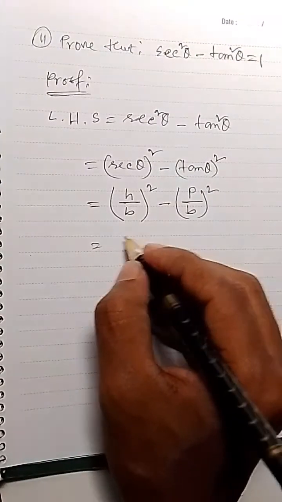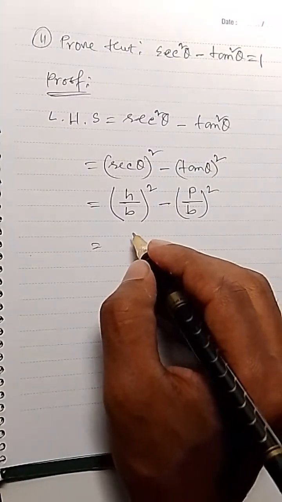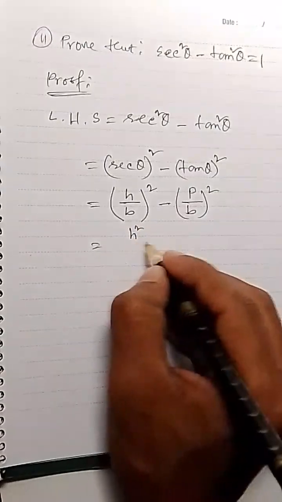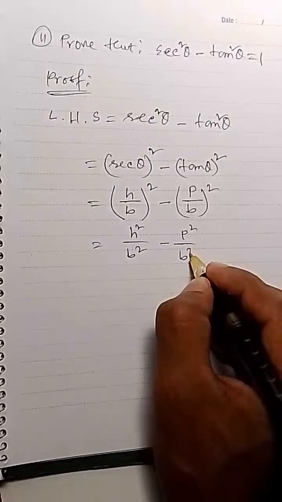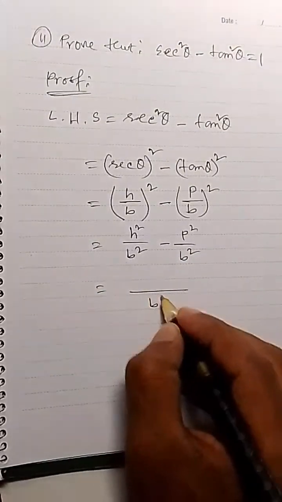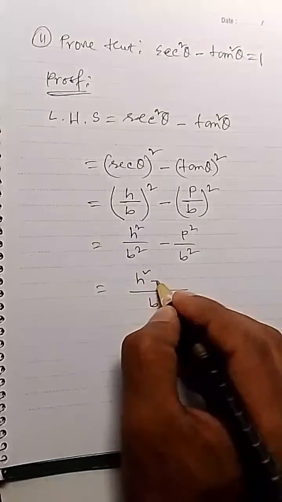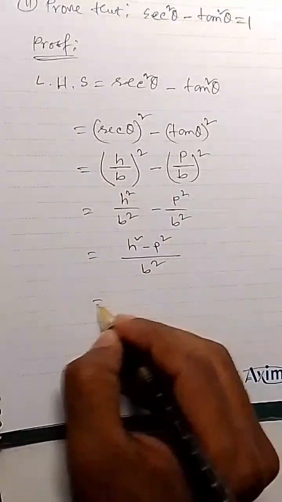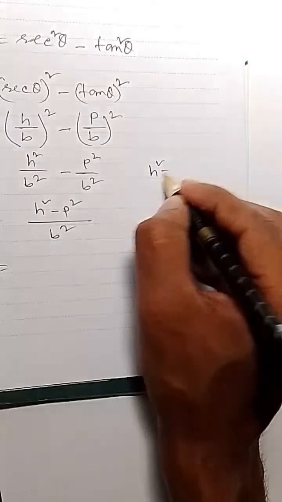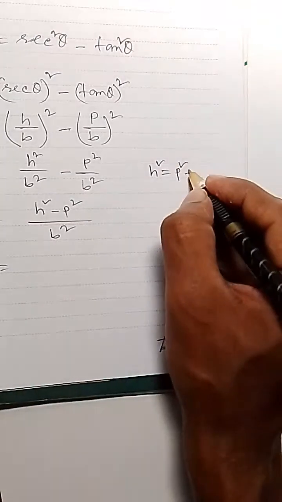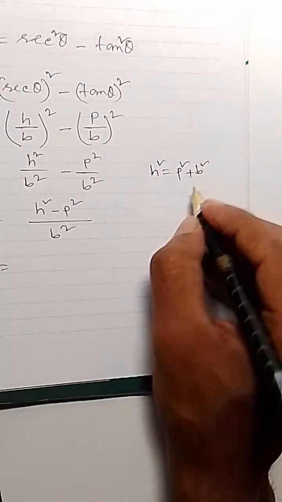So now it's simple algebra. So h square by b square minus p square by b square, so it is h square minus p square over b square. Now we know that h square is equal to p square plus b square.